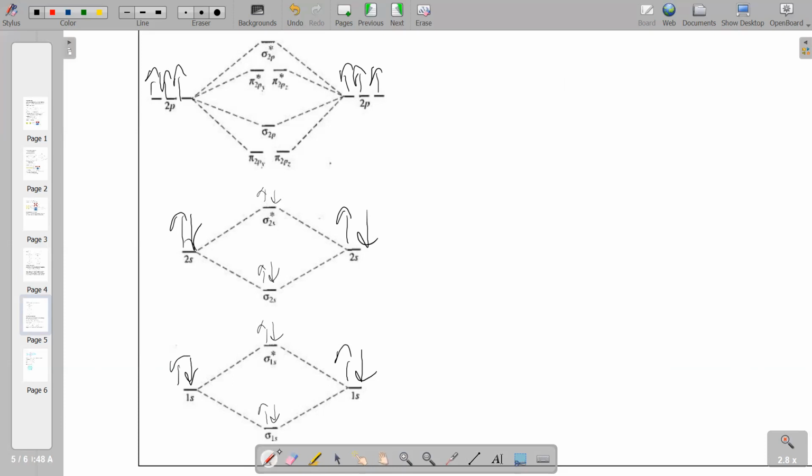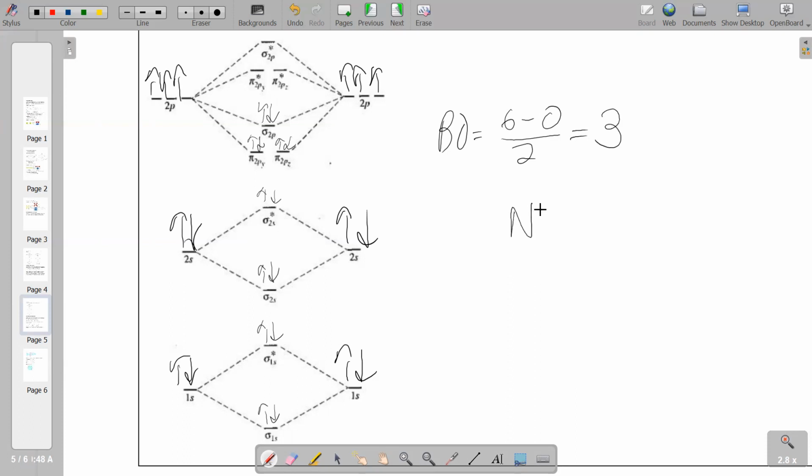So I've got 6 electrons, so it's going to be 1, 2, 3, 4, and then 5 and 6. And I don't have any in the anti-bonding, so my bond order is going to be 6 electrons minus 0 divided by 2, or 3.